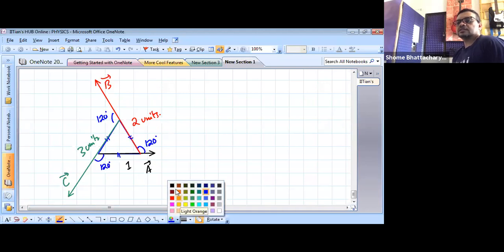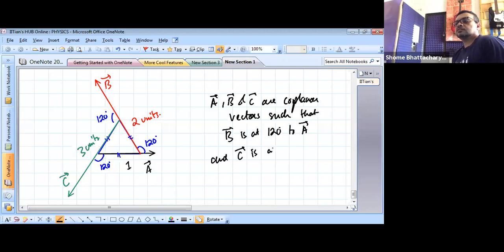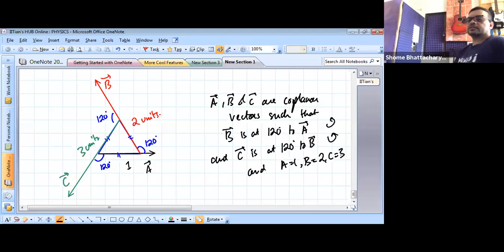So what it is saying is that basically A, B and C are coplanar vectors such that the vector B is at 120 degrees to A and C is at 120 degrees to B. Both I have taken to be anti-clockwise angles, like this.